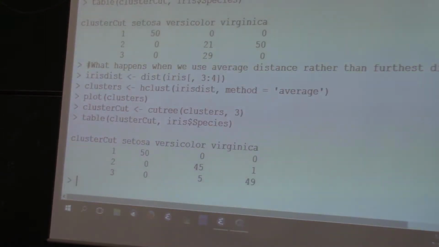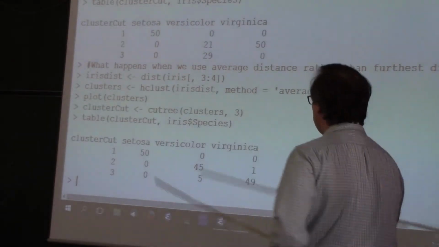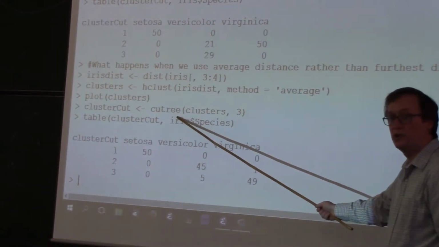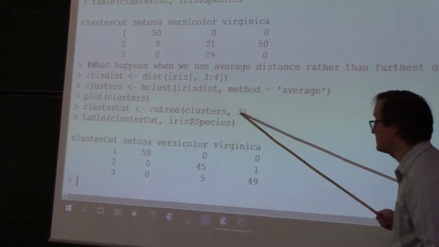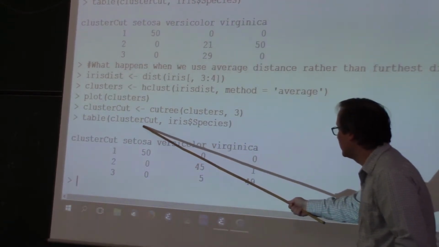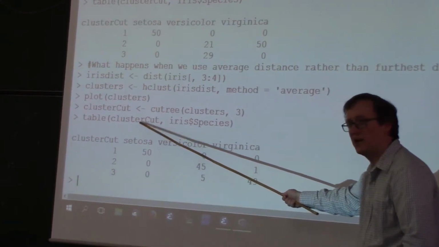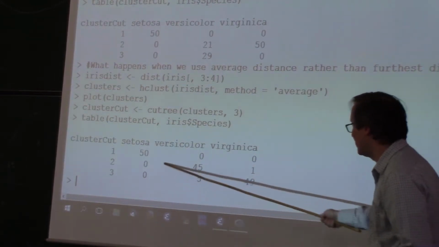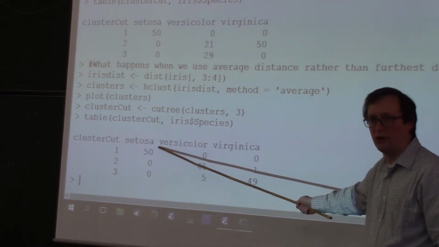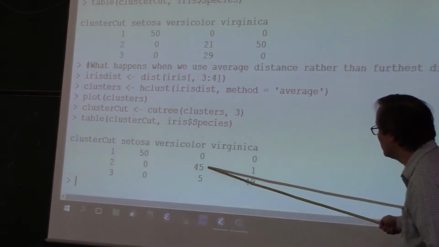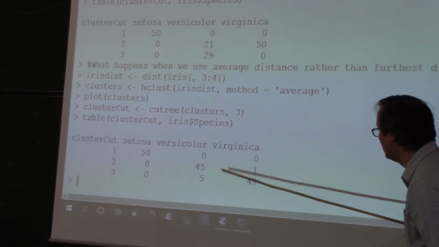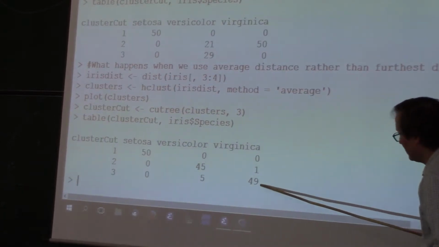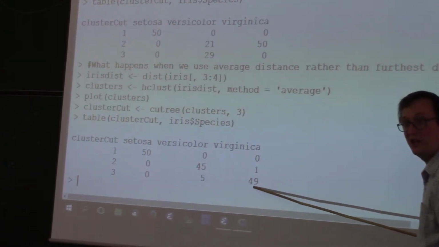Okay, so once again we're applying the cluster cut function to chop wherever it would give us 3 clusters. And we're looking again at the table for what cluster cut does versus the species that come out. Setosa, never a problem. They're always easily separable from the others. But now versicolor is set up 9-to-1 in cluster 2, and virginica is set up 98% to cluster 3.